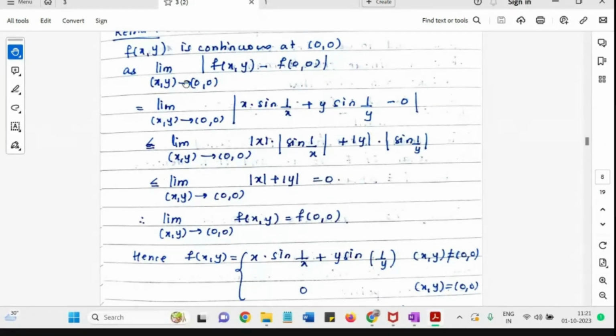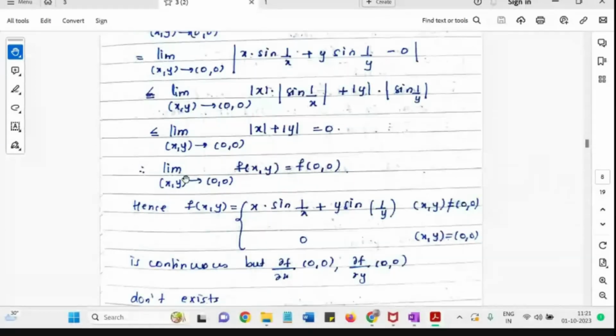So what I can see is that the limit as (x, y) goes to (0, 0) of mod of f of x comma y minus f of 0, 0 is sandwiched between zeros, and hence the limiting value of f of x comma y as (x, y) approaches (0, 0) is f of 0, 0, leading to the conclusion that the above function is continuous but the partial derivatives don't exist. That is what I have mentioned over here.